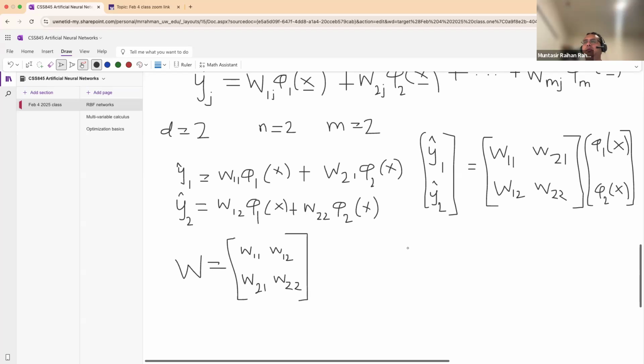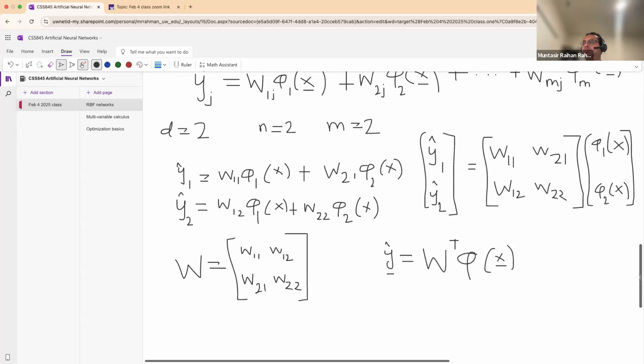I'm going to define my weight matrix like this, and then I'm going to say that my output vector y bar is going to be this matrix W transpose times phi of my input vector.